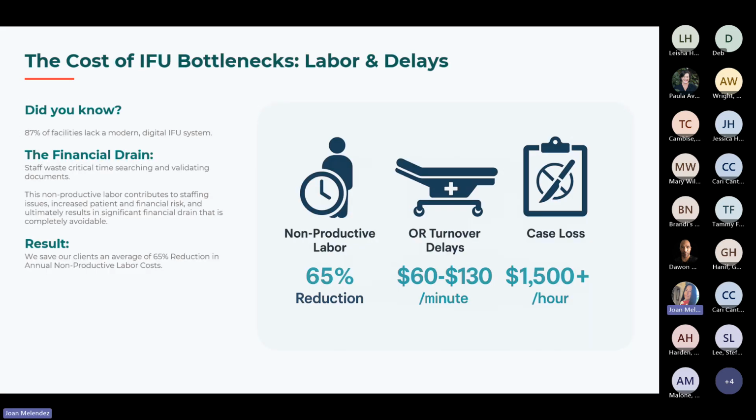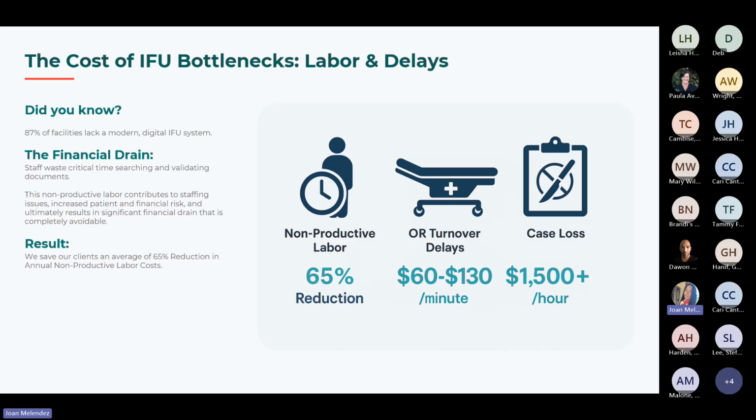The challenge is not just clinical. It is a significant financial drain that is completely avoidable. The vast majority of facilities, 87%, still lack a modern digital IFU system, forcing staff to waste critical time manually searching and validating documents. For our supply chain and senior executive audience, the financial impact is clear and measurable across SPDs, ORs, and beyond.